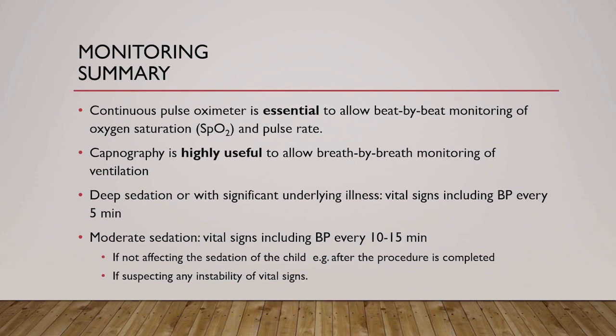If it is a moderate sedation, then the vital signs, including blood pressure, should be monitored every 10 to 15 minutes, if this monitoring is not affecting the sedation of the child, and also if you suspect any instability of the vital signs.